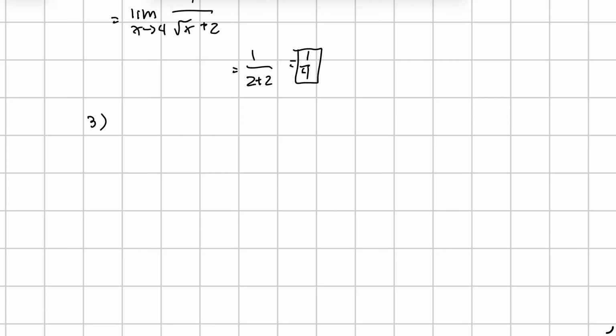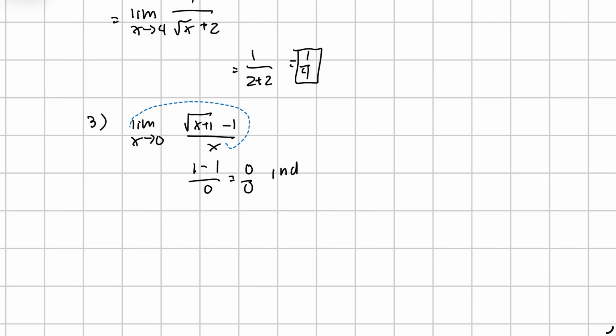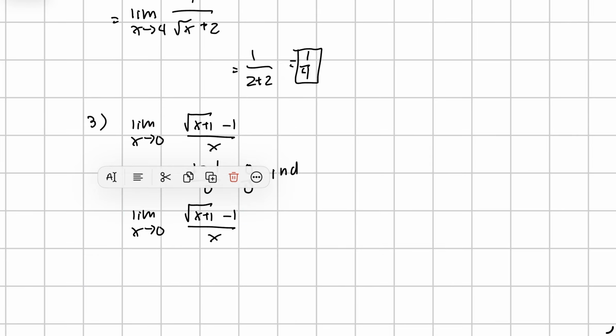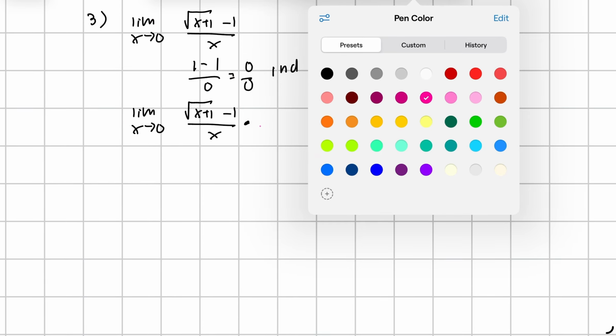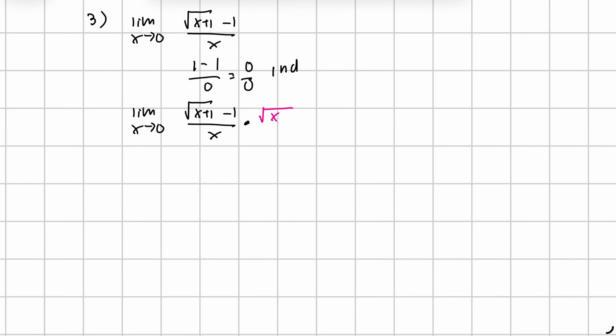For our next example, let's do the limit as x approaches 0 of the square root of x plus 1 minus 1, divided by x. So let's substitute in. We have 1 minus 1 over 0, which is equal to 0 over 0. Indeterminate. So we're going to multiply by the conjugate. We have multiplication by root of x plus 1, and we have root of x plus 1 down here as well.